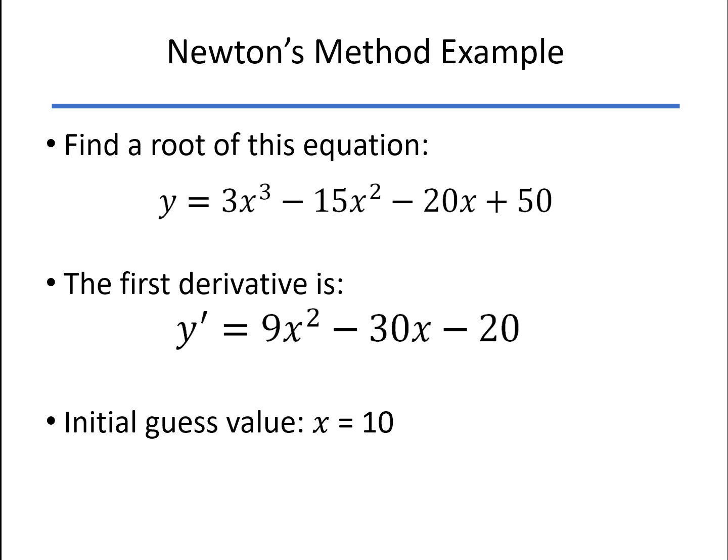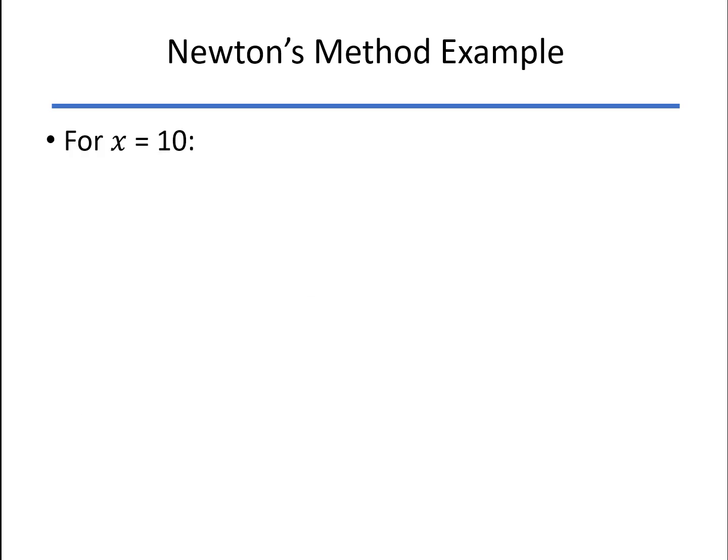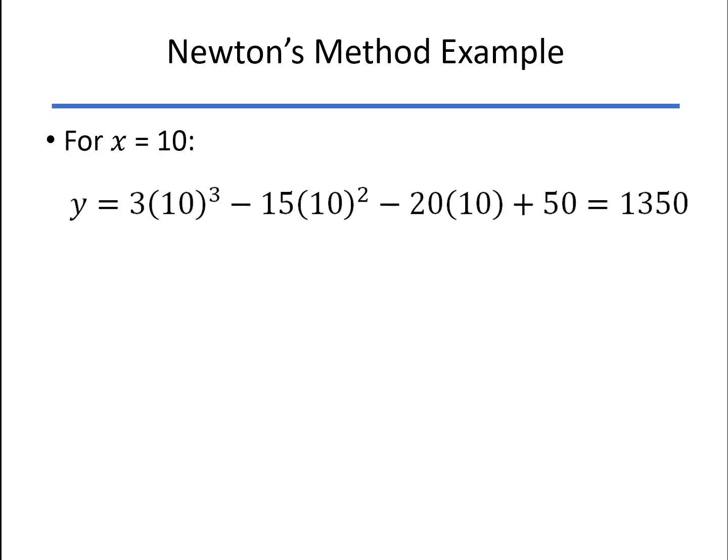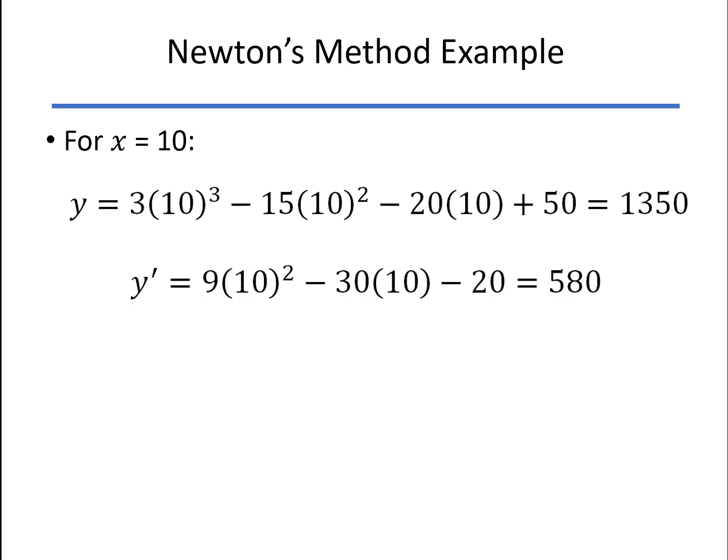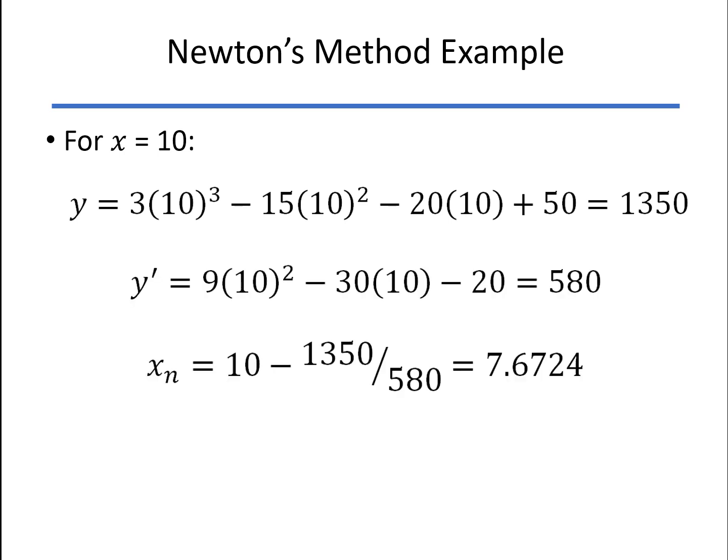We'll make an initial guess value, just arbitrarily, we'll pick 10. Okay, so for x equals 10, we calculate y, and we calculate y prime. We take y divided by y prime and subtract that from the initial value of 10, and we come up with a new guess of 7.6724. That's our newest value.